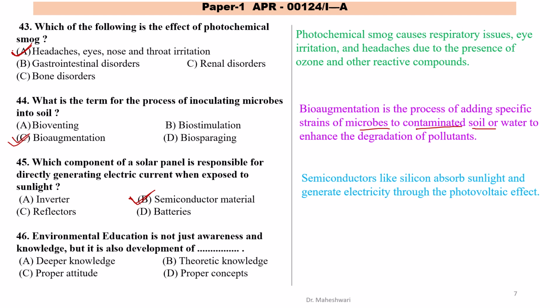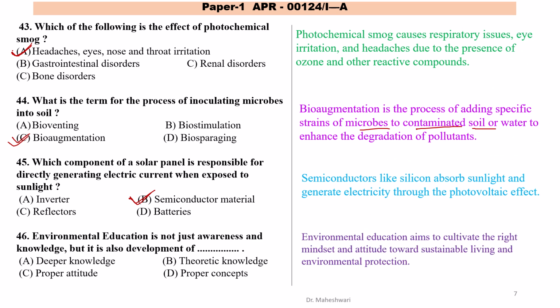Next one, 46th, is environmental education is not just awareness and knowledge, but it is also development of dash. Basically, environmental education will not only help us with awareness and knowledge, but it is going to develop the proper attitude.